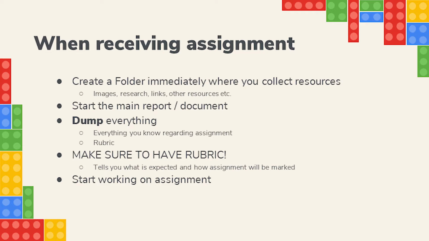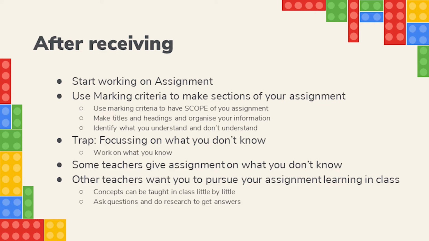So once you have created a folder, within that folder you create an assignment document. In that document, you start working on it. You put in your marking criteria, put your title, and from that marking criteria, you can easily create assignment sections.